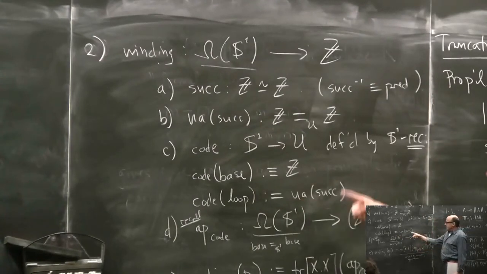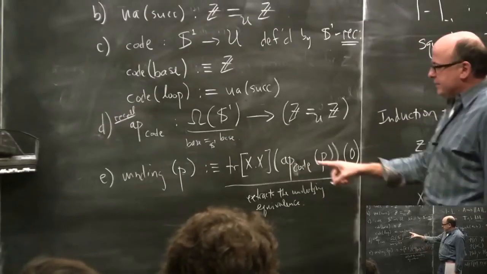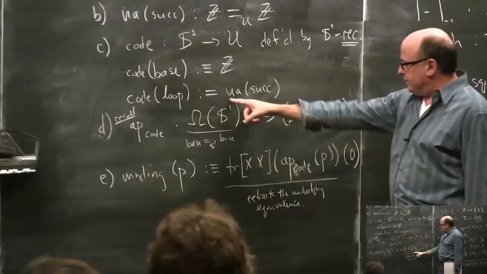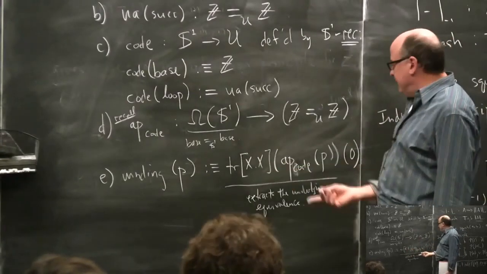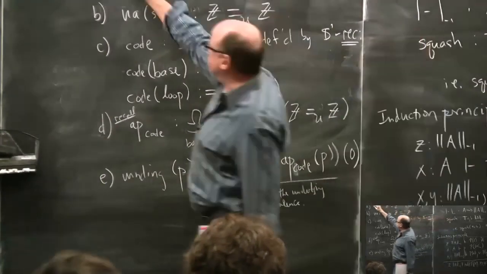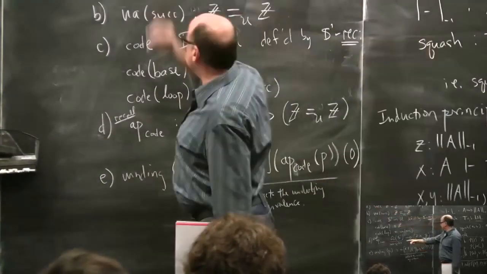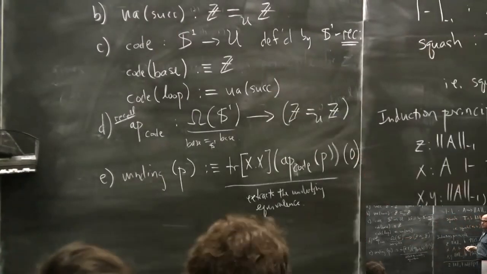But think of the case where we're doing the loop. The action on paths will be UA of successor. And when you transport in the identity family, what it's doing is extracting the underlying equivalence, namely the successor, from the path, which is this UA of successor, and then applying it to 0.